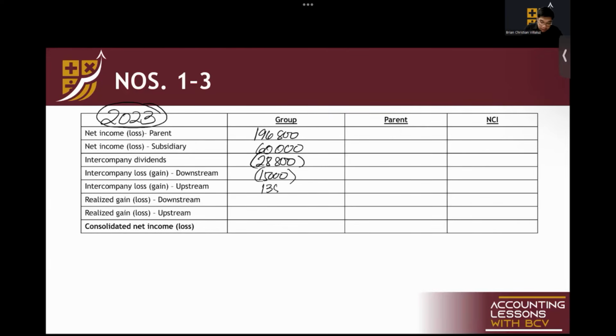So, we add it back here. Okay? Do we have realized gain or loss for downstream and upstream? Yes. For the downstream, we have 2,250 realized gain. And with respect to your upstream sale, we have what? Realized loss. 1,725 negative. All right? So, kindly compute for item number 1.